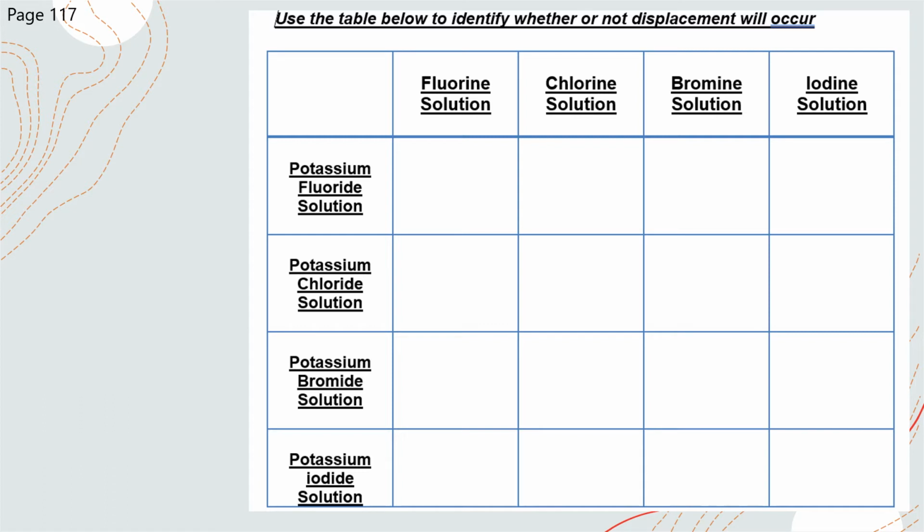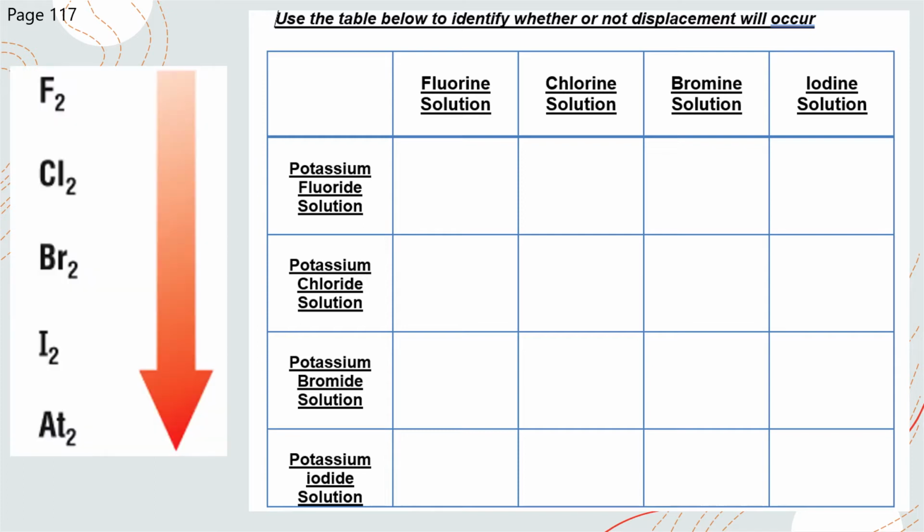Down the side, we've got potassium fluoride solution, potassium chloride solution, potassium bromide solution, and then potassium iodide solution. So down the side is our compound, across the top is our element. And what we want to remember is this order of reactivity: as we go down the group, the halogens get less reactive.